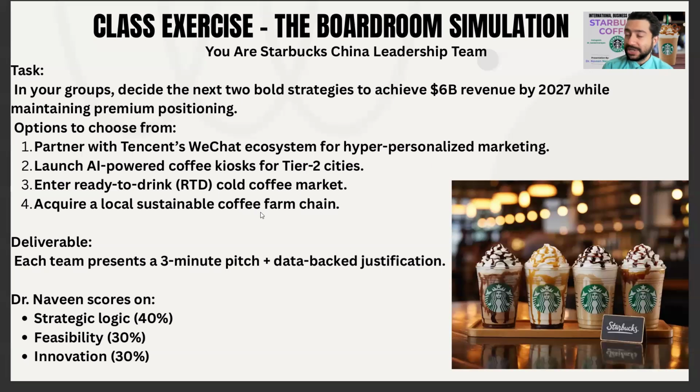So the whole exercise turns you into a real strategist, right? How do you make $1 billion decisions that respect both the numbers as well as the culture? Your $1 billion decisions should respect both the numbers and the culture too.